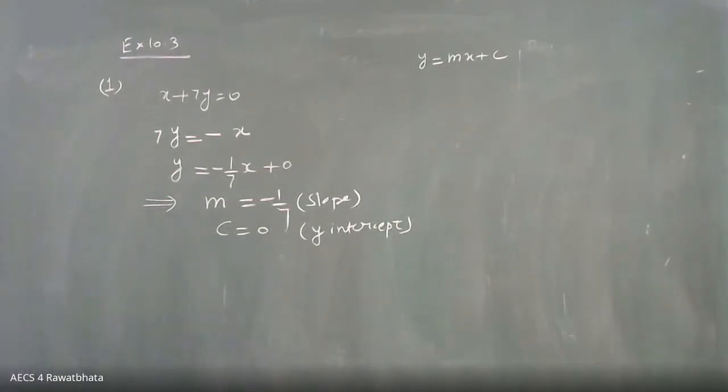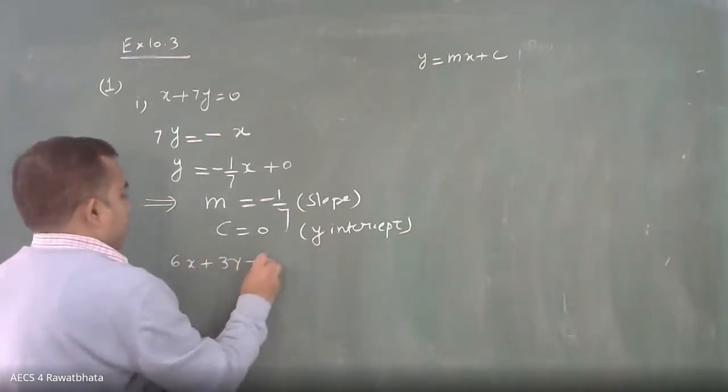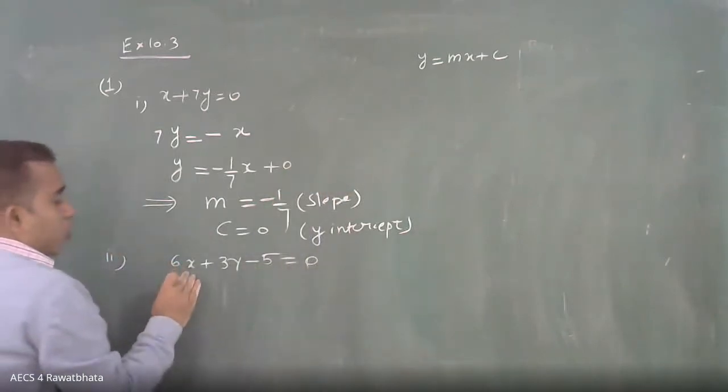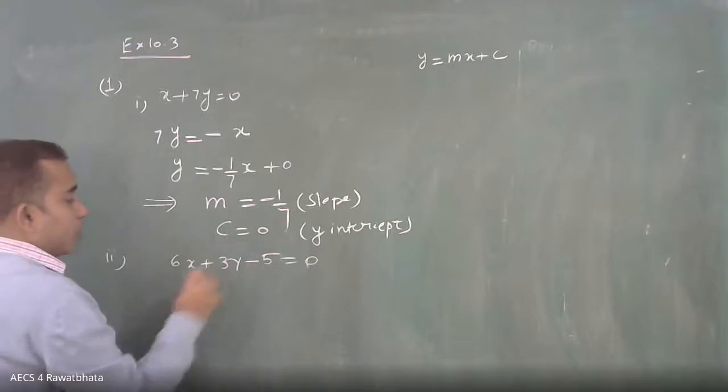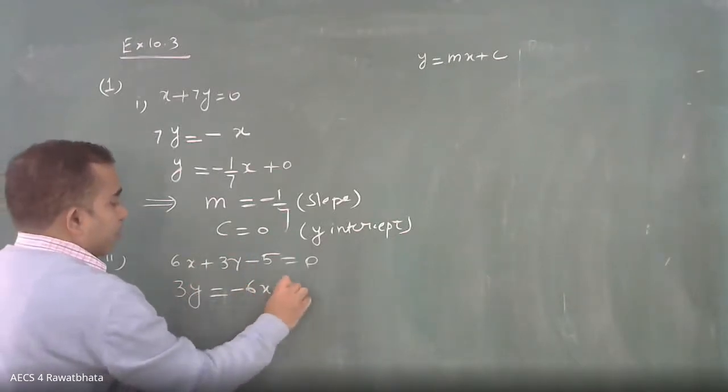Second part, what's that, Tanmay? Okay. If we have to convert this to y equal to mx plus c, the constant term and x term shift to the other side. This will become minus 6x plus 5.